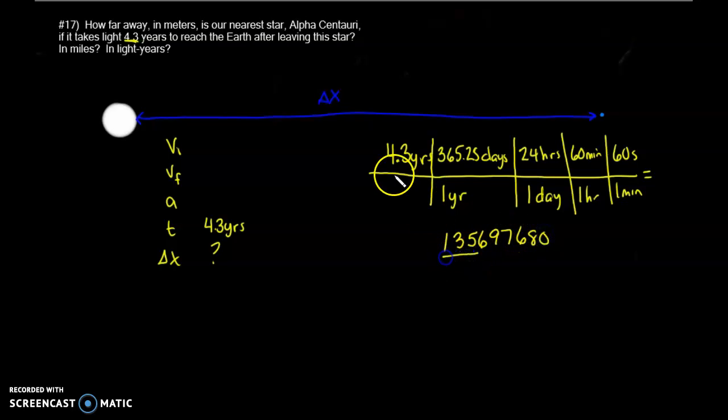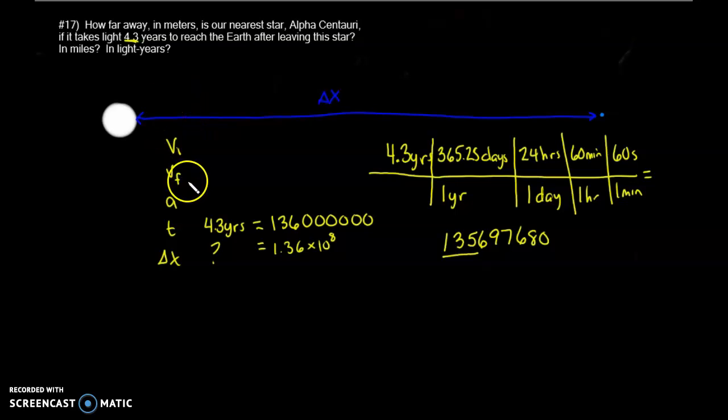And so if I'm going to go with 3 sig figs, my time is going to be 136,000,000. Or I can write that in scientific notation, 1.36 times 10 to the 8th seconds.